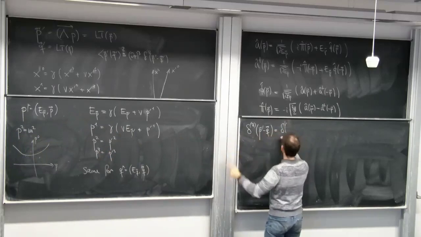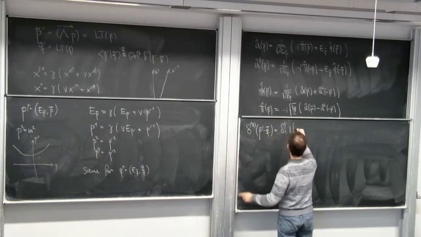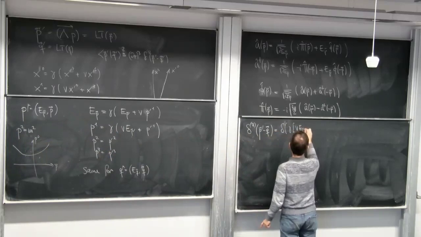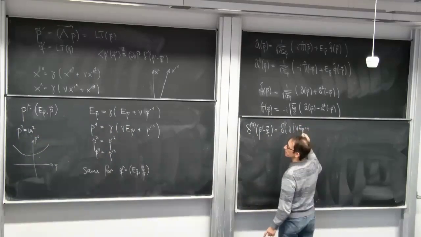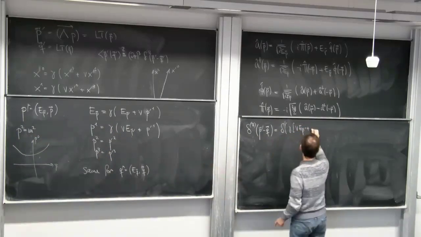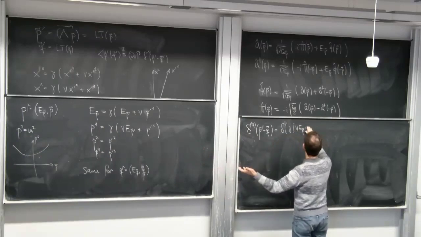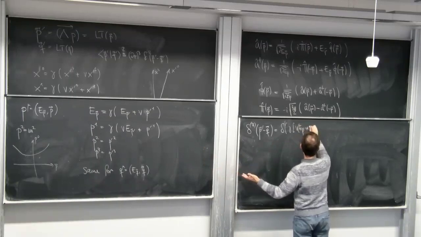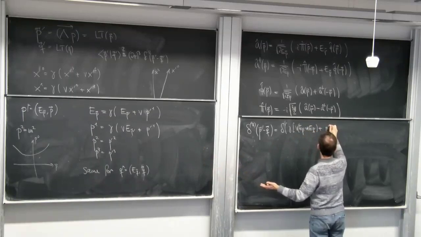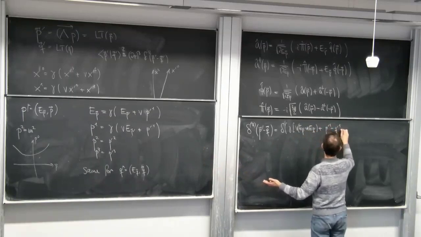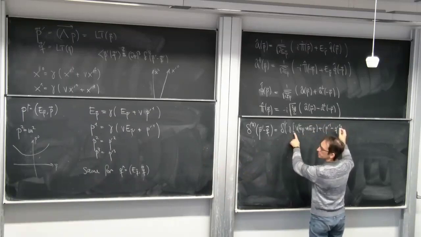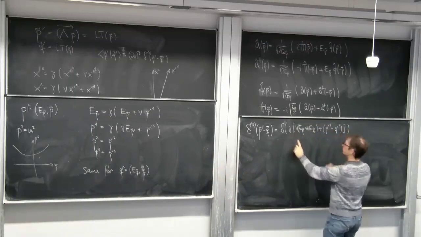The first component of this is gamma times V E of P vector prime plus P prime 1, and then there will be the same from the Q, so let's subtract the Q: minus gamma V E of Q prime plus Q prime 1. The gamma is everywhere, and that's the first delta function.